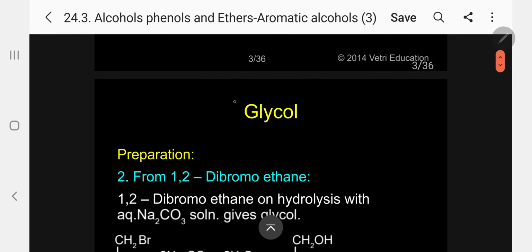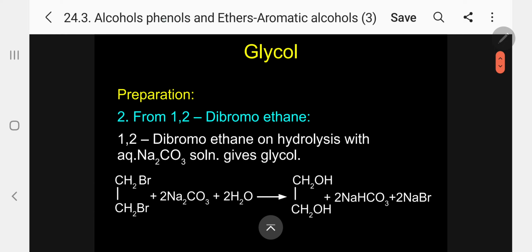The second method, we can prepare from 1,2-dibromoethane. From the halide, 1,2-dibromoethane on hydrolysis with aqueous sodium carbonate solution gives glycol.